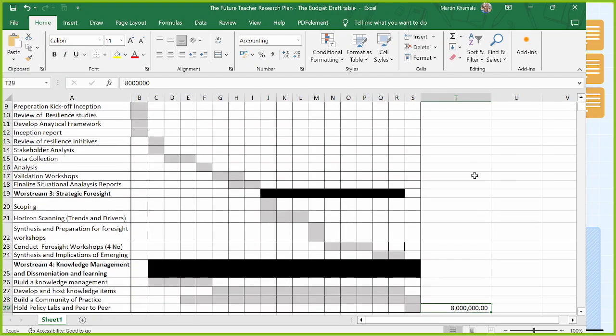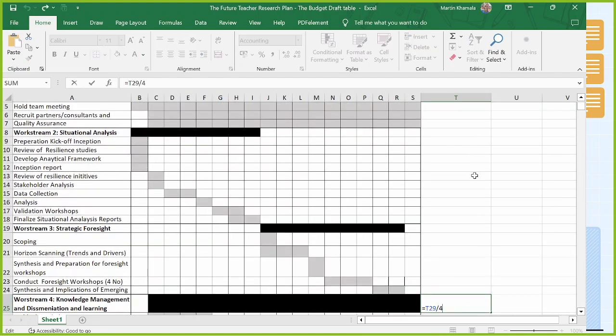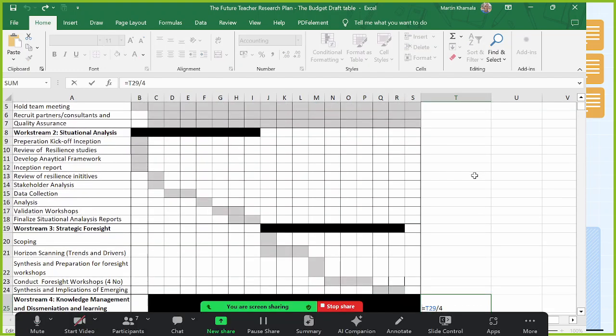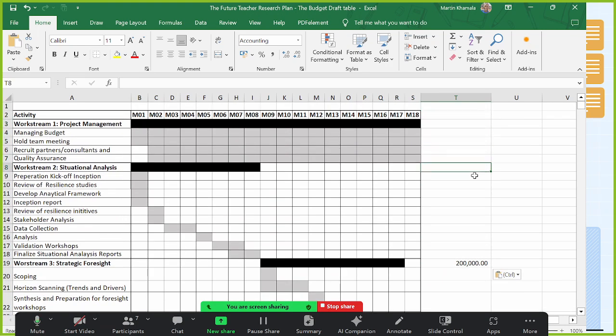So 800,000 is 8 million, so 800,000 Swiss francs. If we're doing it proportionally, we have 4 streams if it's equal in terms of weighting. Again, we're oversimplifying, but for the sake of the argument, I'll put in 200,000 for this one, 200,000 for that one, and 200,000 for the next.